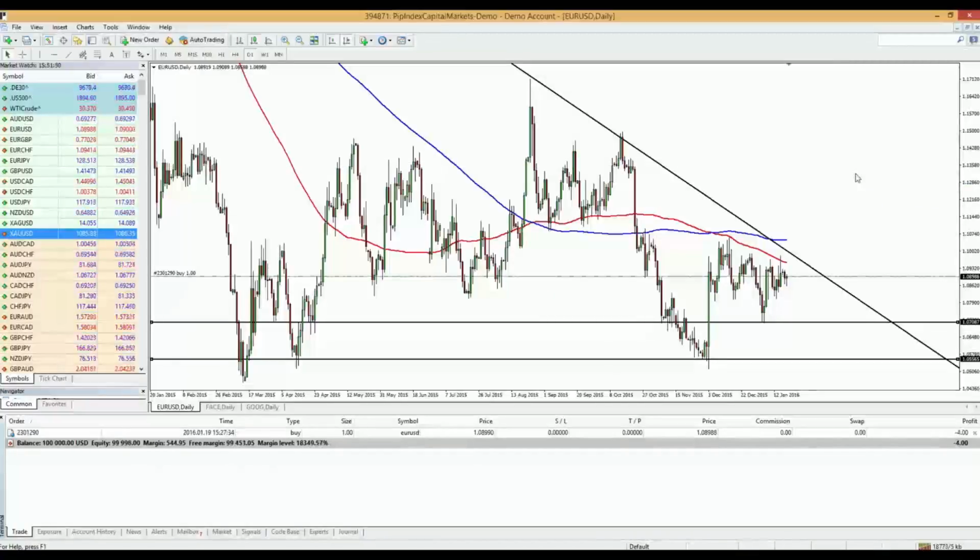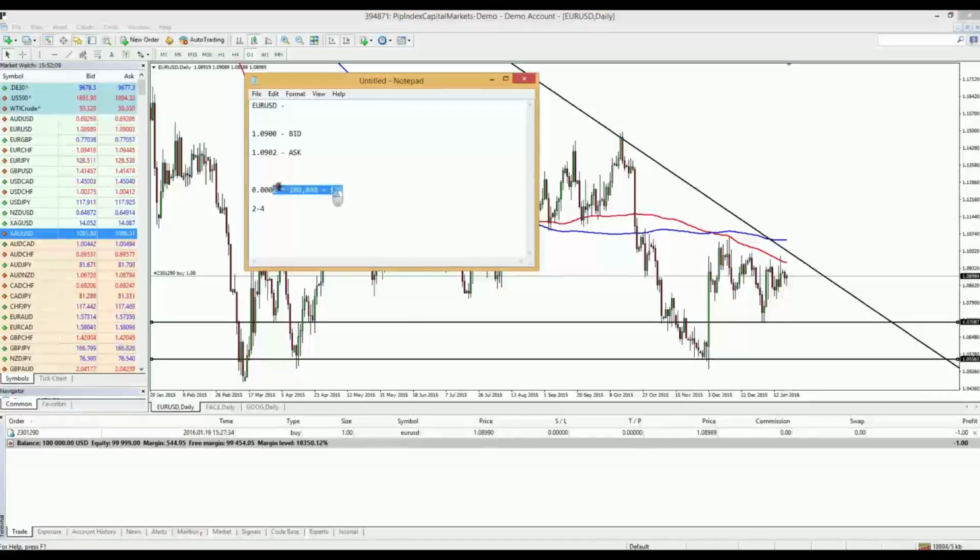For STP, or straight through processing brokers, the spread tends to be a little bit higher than that of the market maker, as it is their sole way of making revenue from their customers. But as a result, there is no conflict of interest. In other words, that $20, guys, that applies with this trade in an STP environment, regardless of the outcome of that trade, that's what the broker makes.